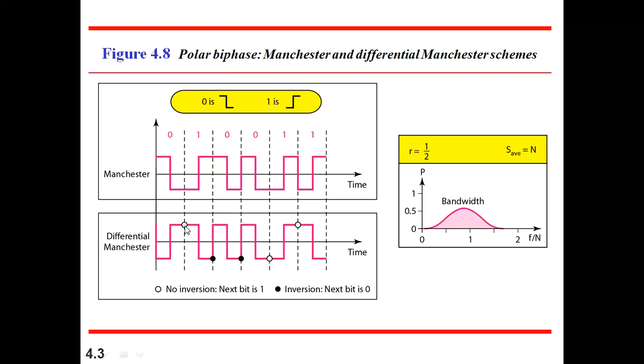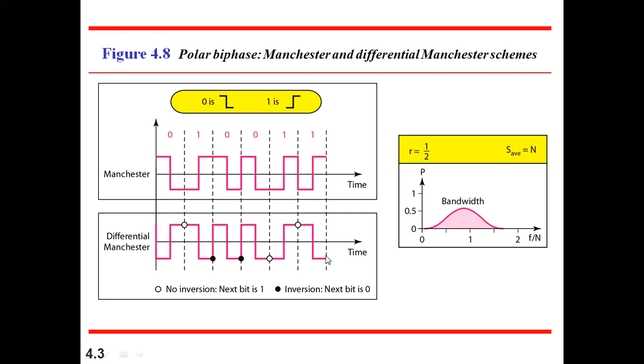It starts from the negative level and takes the transition at the middle of the pulse, moving towards the positive voltage. Since the previous one started from the negative voltage, the next one should start from the positive voltage, because it should take the transition. So it is moving here.